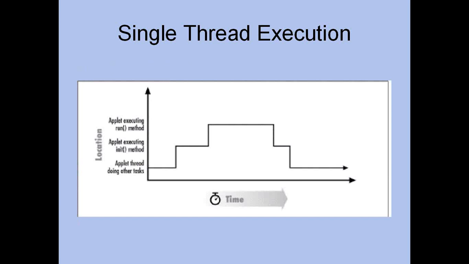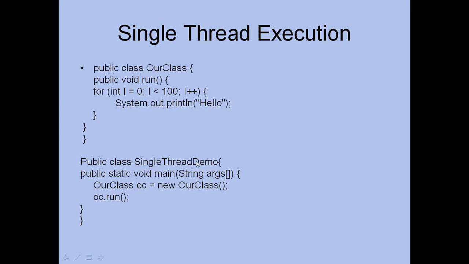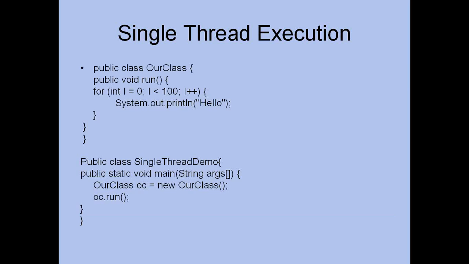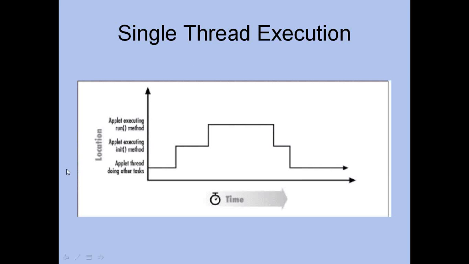So if you look at the sequence of steps that's happening here, ignore this applet, substitute this applet for the main method in our case. So the main thread is doing some other tasks before actually executing the main method. You can substitute this init for the main method.